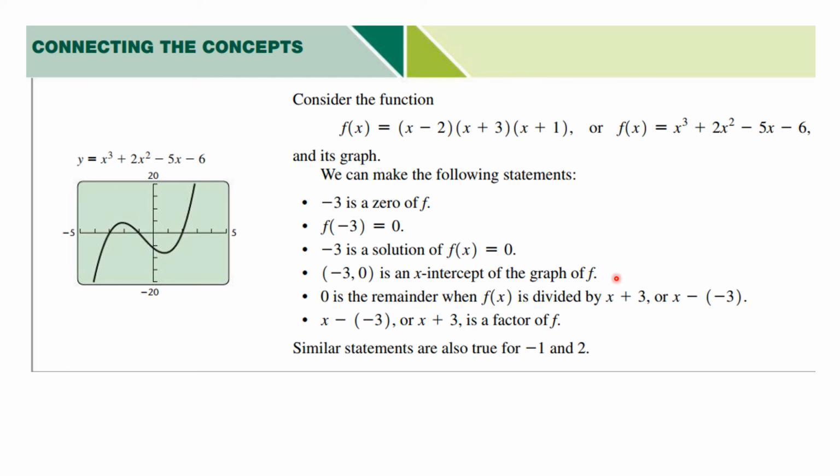Minus 3, 0 is an x-intercept of the graph of f. 0 is the remainder when divided by x plus 3, or x plus 3 is a factor of f. That's 6 statements that are saying the same thing, and you want to understand that these concepts are so intimately connected.